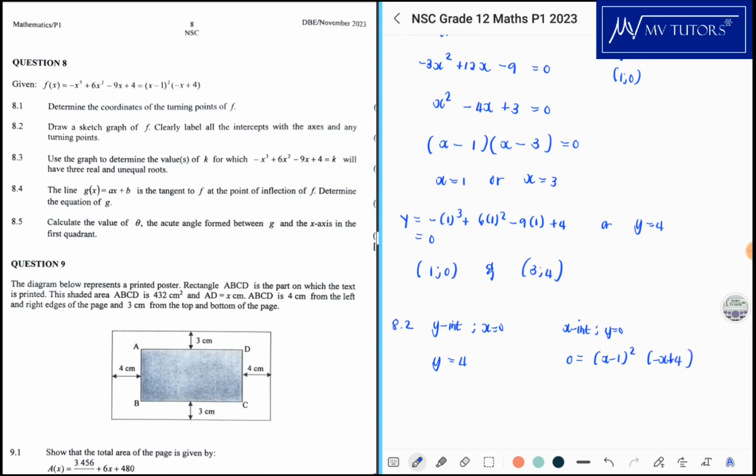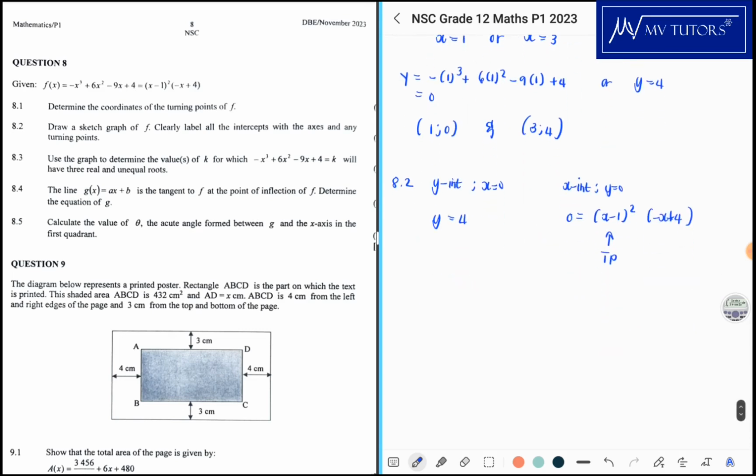If you have x minus 1 squared or have a bracket that is squared, that tells you that is the turning point. Okay, so we know then at 1 and 0, at our turning point, that's also the x-intercept. Okay, so now we're left with minus x plus 4. So if we work that out, our other intercept, minus x plus 4 is equal to 0. So we know that x is also equal to 4.